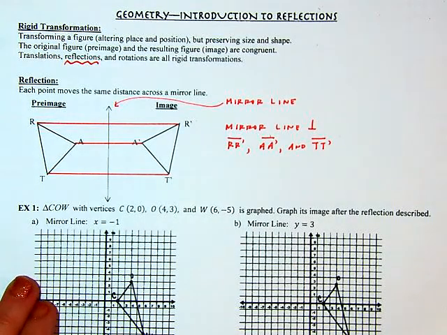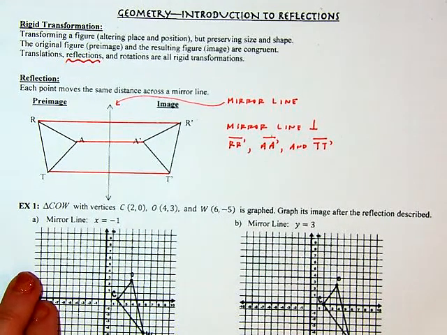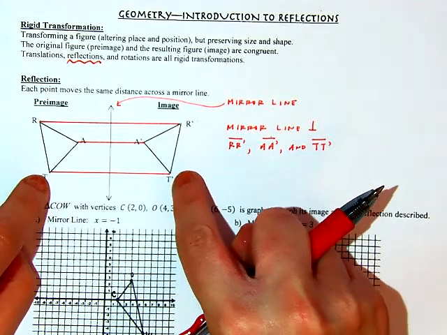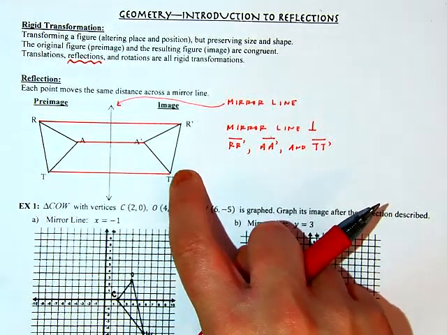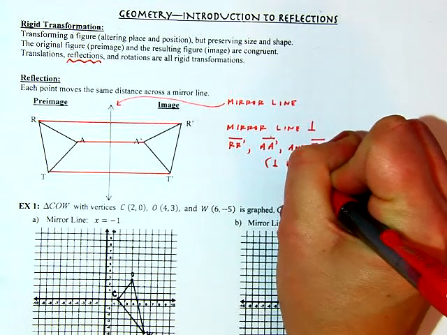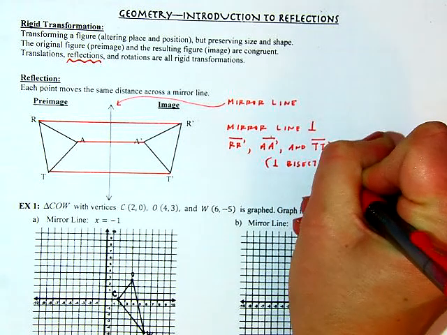So it's running perpendicular to each of those, okay? And technically, it's the perpendicular bisector of each of those segments. So I could add that too. So perpendicular bisector of each of those segments.